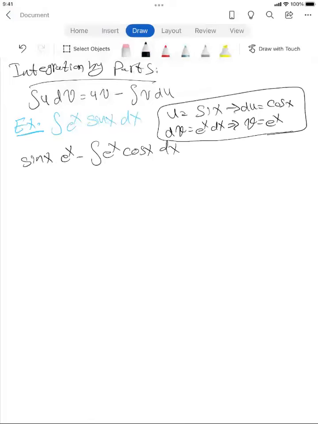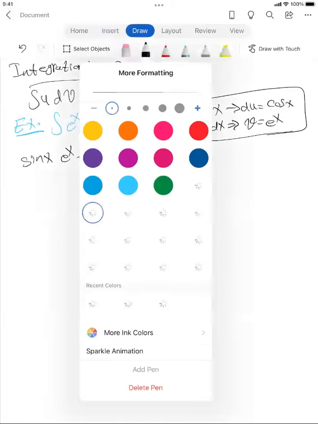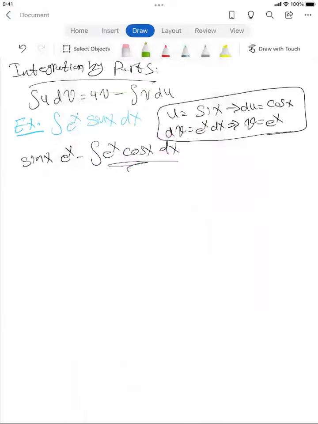So basically, the integral that I got here also involves an exponential times another trig function, which is cosine of x. So does this suggest that I need to try integration by parts a second time?